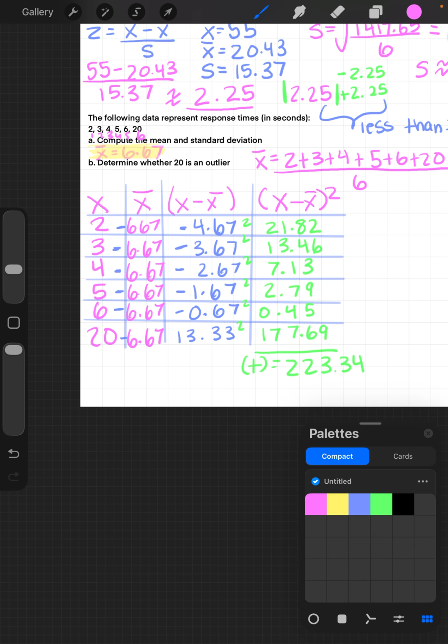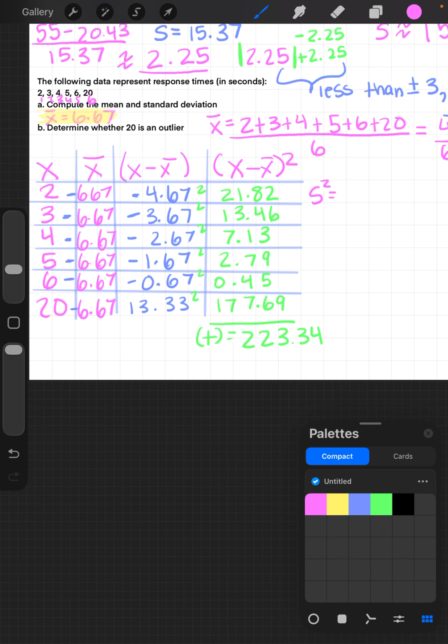And to find s squared, this is the variance, it's going to be 223.34 divided by n minus 1. N is 6, so it's going to be 5.